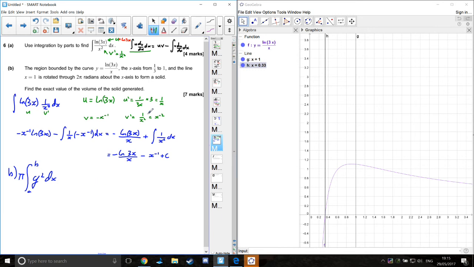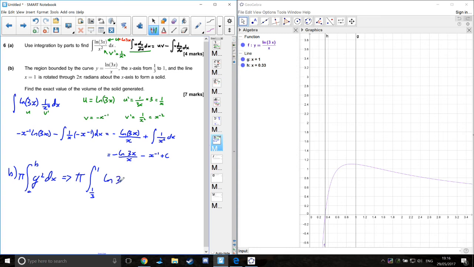We're given a third and 1. So those are them. We have pi on the outside, and let's not forget to drop it. 1 to a third.